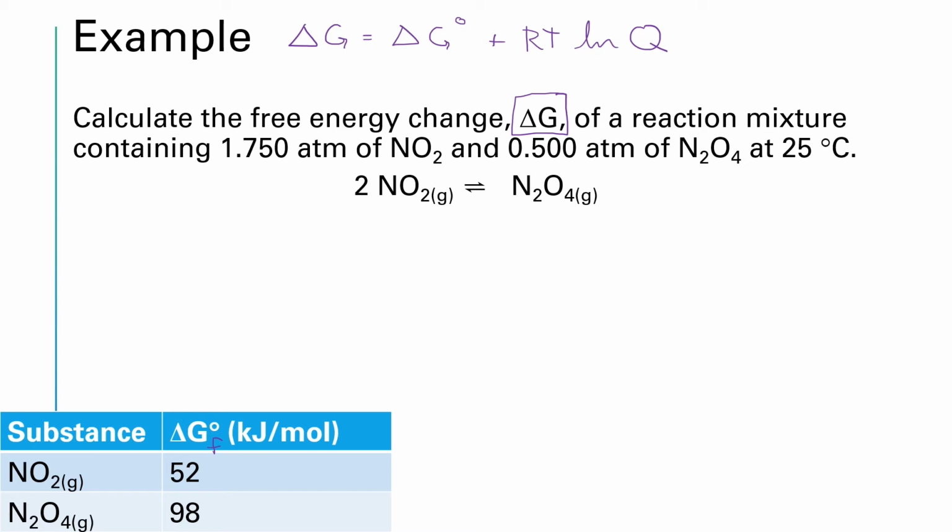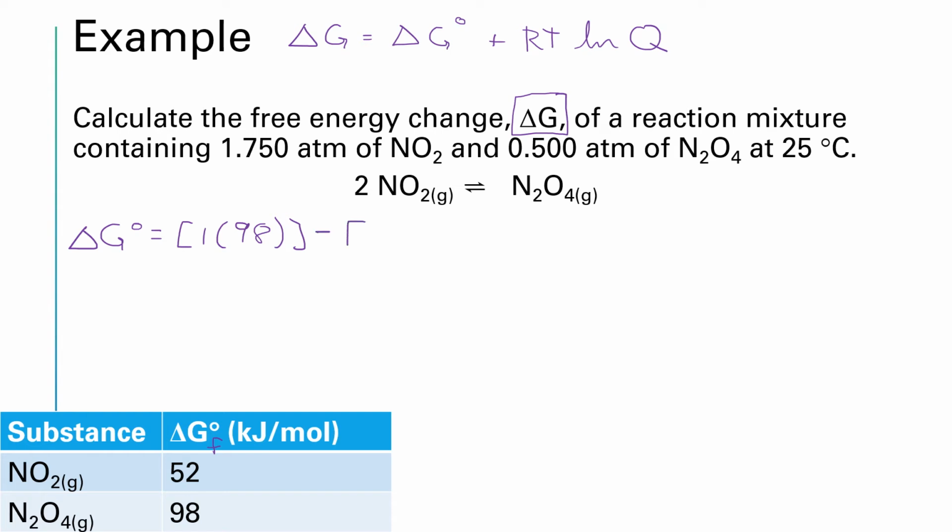So I want to do some pre-calculation before we plug numbers into this overall equation. I want to find delta G naught based on the data in the table at the bottom, and I want to find Q. Once we have those two numbers, then we can substitute into this equation. So delta G naught for this equation would be equal to products minus reactants. We have 1 N2O4, and N2O4's value for delta G of formation is 98 kilojoules per mole.